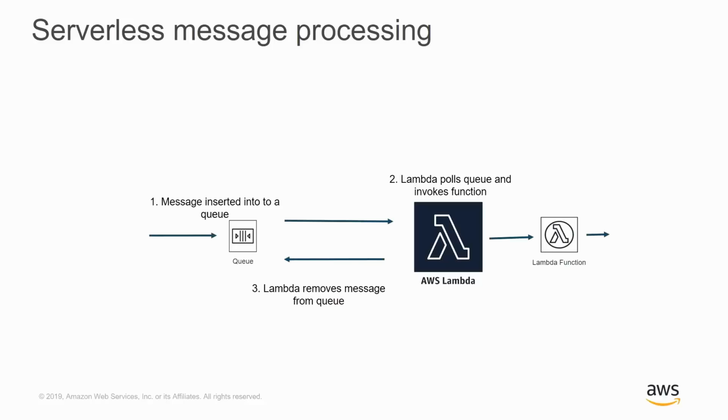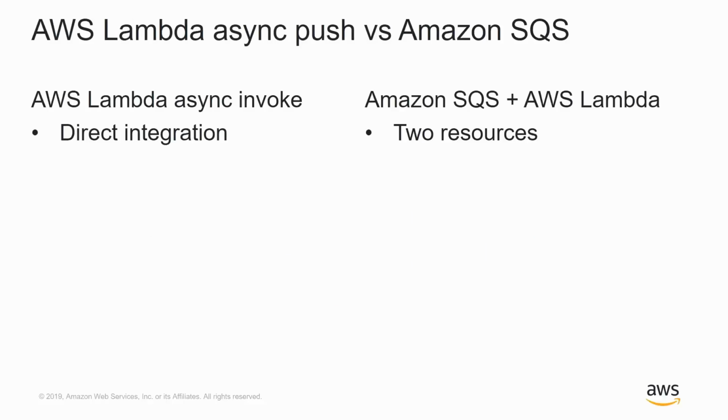So let's do a direct comparison of the features of just using the AWS Lambda asynchronous push versus combining an SQS queue and an AWS Lambda queue poller.